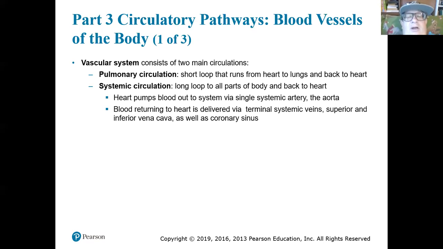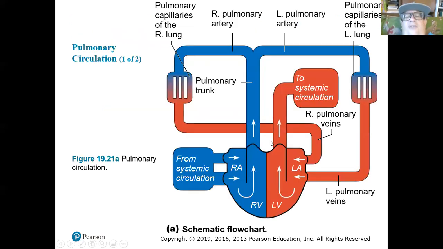So the main systemic circuit artery, the big one, it's the aorta. Blood returning to the heart comes through terminal veins, the superior and inferior vena cava, and then off of the heart, the coronary sinuses. All right, there's the pretty stylized schematic, but it's nice. It works well. It explains it well. That's great.